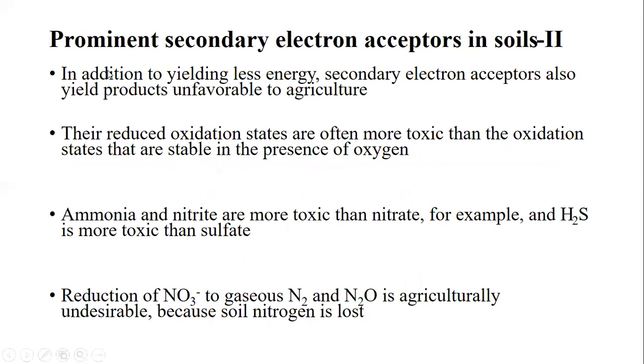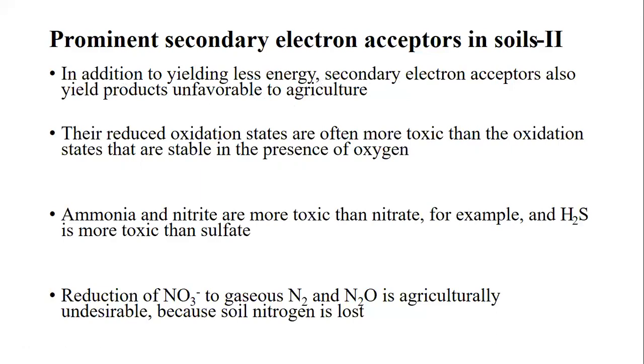Okay, so for the prominent secondary ones, what's the importance? What can we say about this situation that we just talked about? In addition to yielding less energy, secondary electron acceptors also yield products unfavorable to agriculture. As farmers, as good soil people, we don't want to see these in the soil.